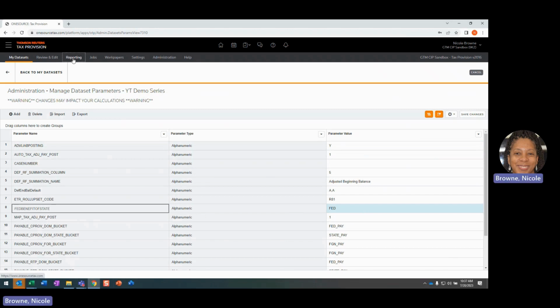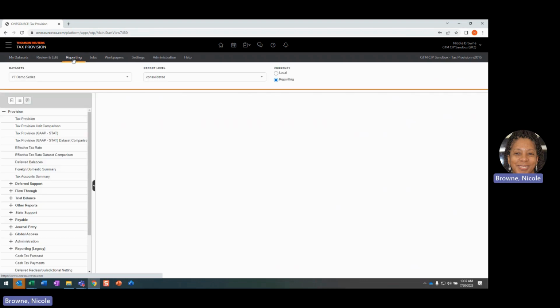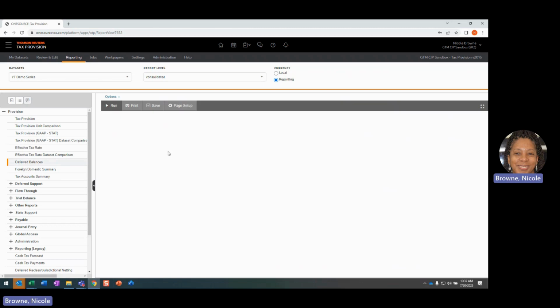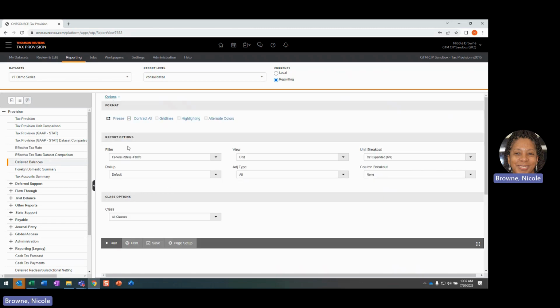What this impacts is if I go into my reporting area and look at my deferreds, because remember, when we've turned on that deductibility on the current side, that's flowing through to our tax provision area, and we'll jump into that after the deferreds. On the deferreds, when we take a look at our options and our filter, it impacts where the federal benefit of state attaches to.